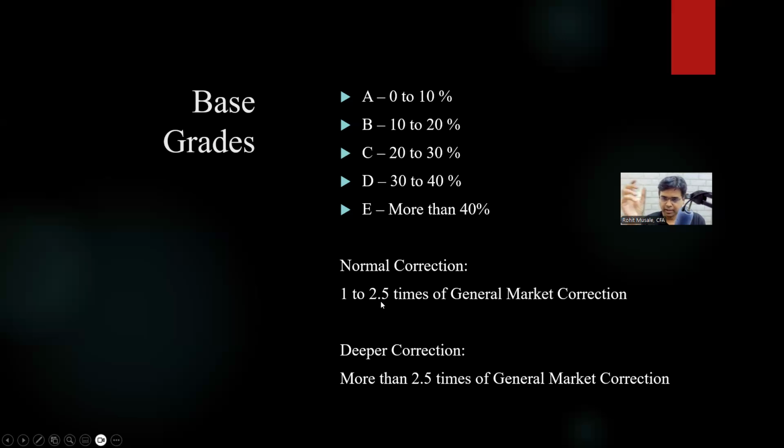Correct? So if Nifty is falling 10%, and the stock falls 10 to 25%, that height of the base is not a bad base. It is still acceptable. However, if Nifty falls like 5% and the stock is falling like 25%, that is 5 times. Okay, so that is not a good base.